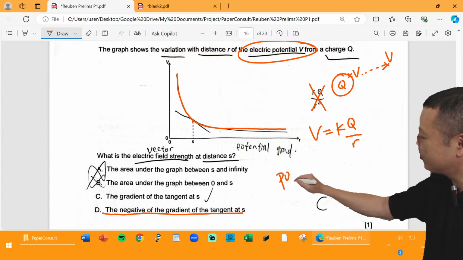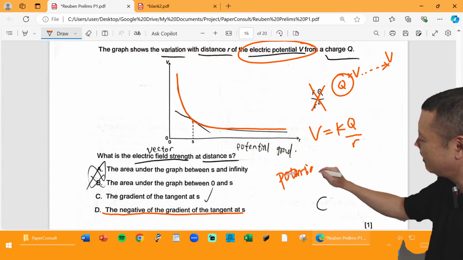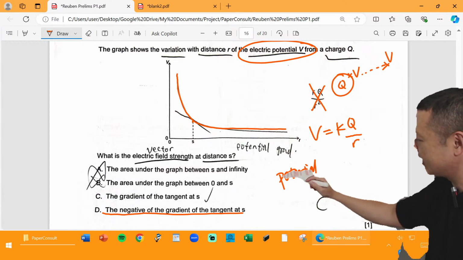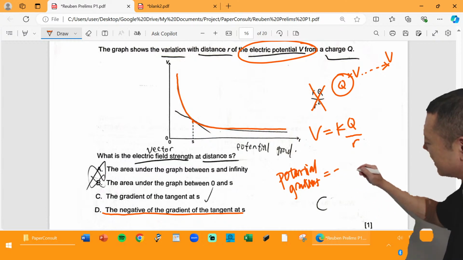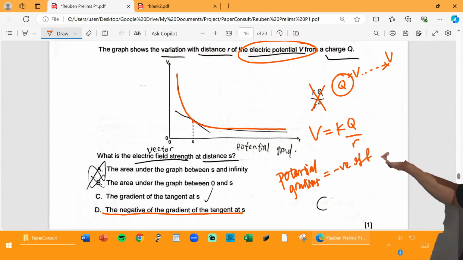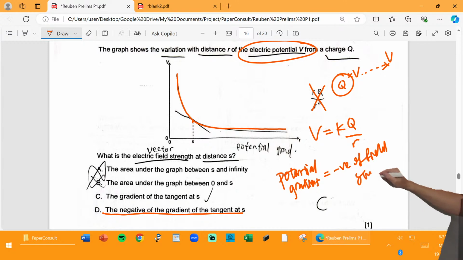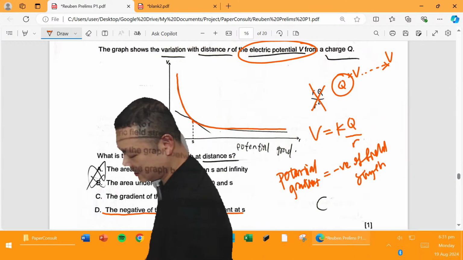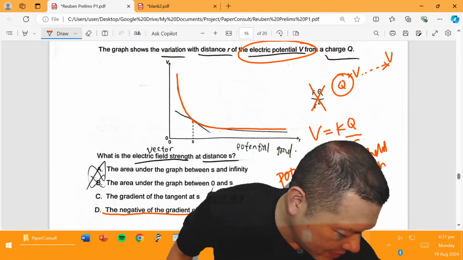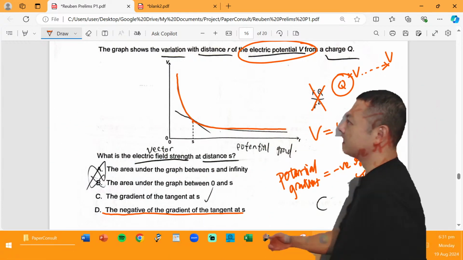Just write this down for yourself and for the final IB exam: field strength is the negative of the potential gradient. Which also means the potential gradient is the negative of field strength. Very annoying.